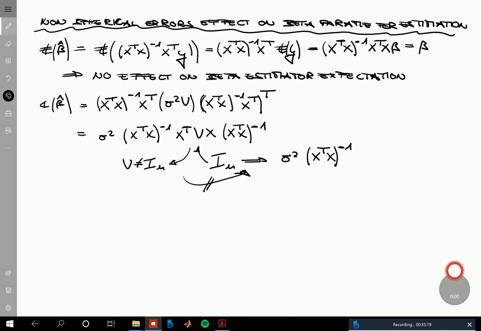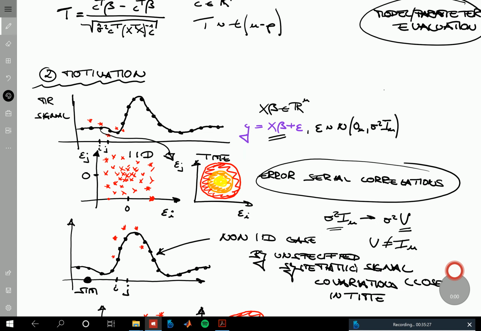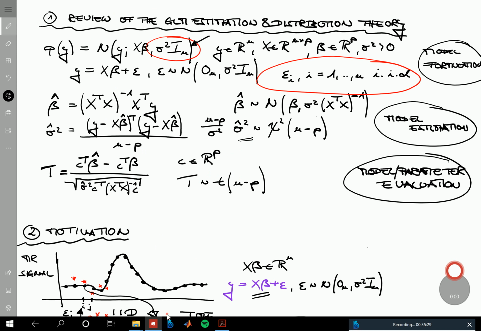So our covariance matrix, if we assume non-spherical errors, is not the covariance matrix that enters here, and hence the distribution of the beta parameter estimate is not as it is supposed to be in the case of spherical errors. That also means the t-statistic is definitely not guaranteed, as we've already seen in simulations, to follow a t-distribution, because this is based on this covariance matrix parameter.